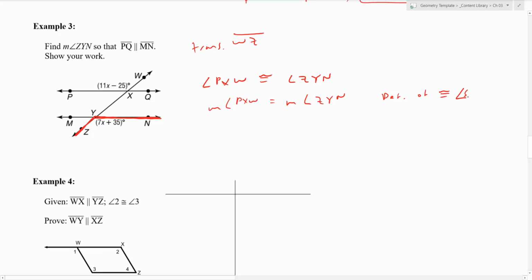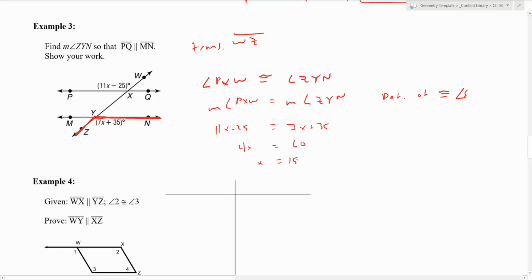All right, so now let's substitute. 11x minus 25 equals 7x plus 35. Let's subtract 7x from each side. Let's add 25 to each side. 4x equals 60. X equals 15.